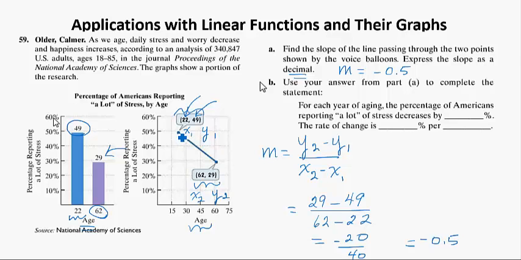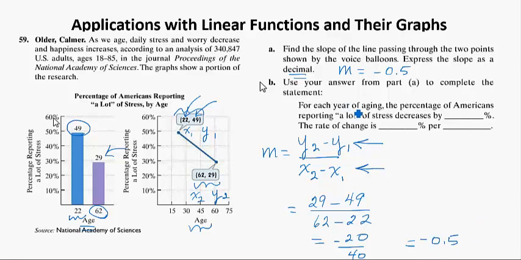As our age decreases, what's happening to the percentage. And it's as if we're averaging it out over those 40 years. So we're finding out the change in the percentage of Americans reporting a lot of stress divided by the number of years. So we can actually just figure out what's happening each year.